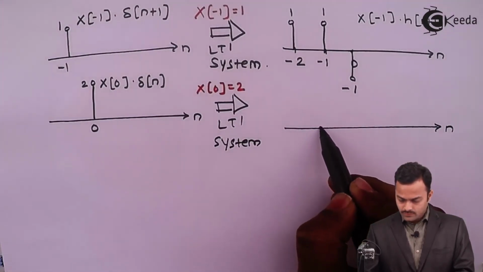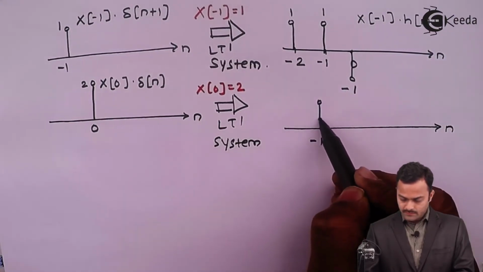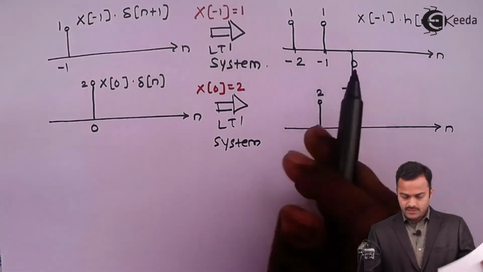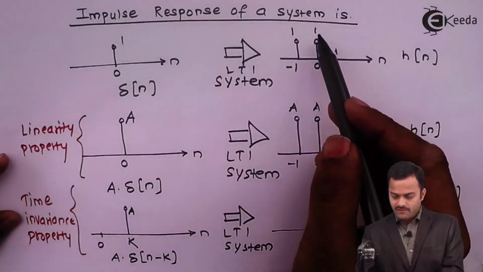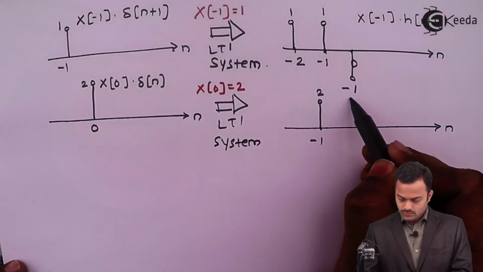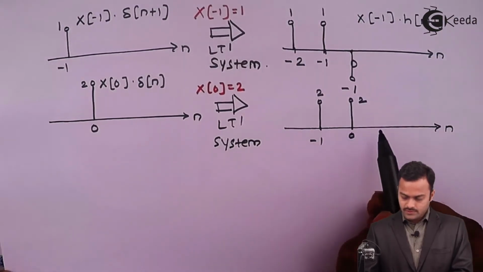For n equal to -1, 1 is getting multiplied with a 2, so it's a 2. Then over here n equal to 0, I have a 1 getting multiplied with a 2, so this signal is also 2 for n equal to 0.